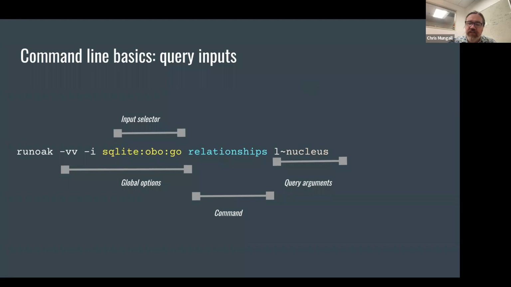So this will get us everything in the ontology that includes the string nucleus. So there could be quite a lot of different matches to that. A different common kind of query pattern is where you query on the ID using the I code. And then the little hat symbol indicates that you're looking for IDs that start with GO colon.